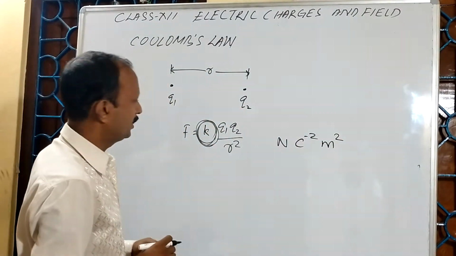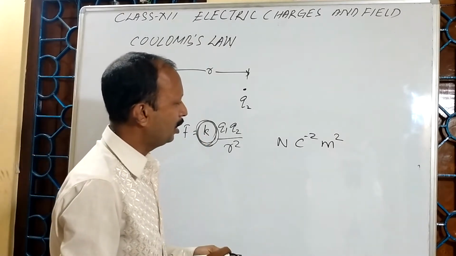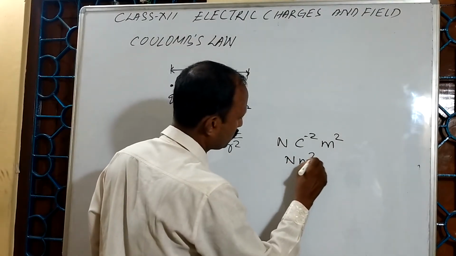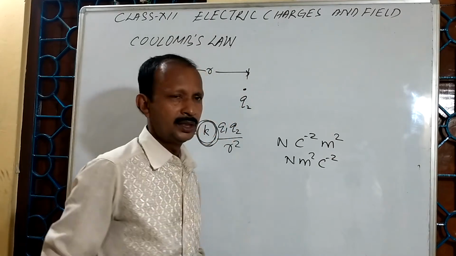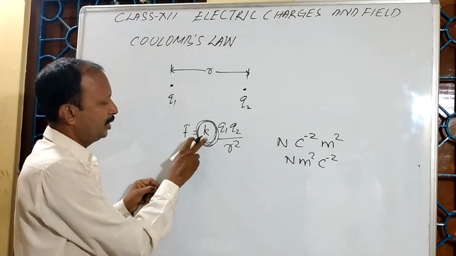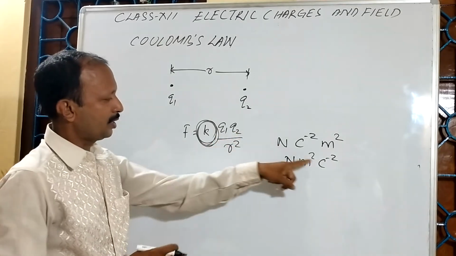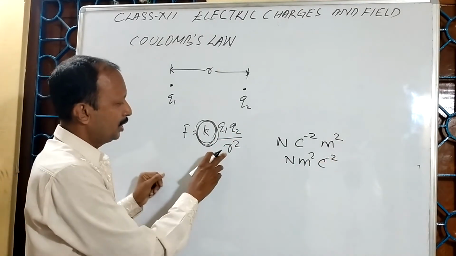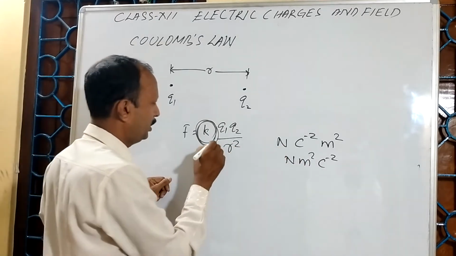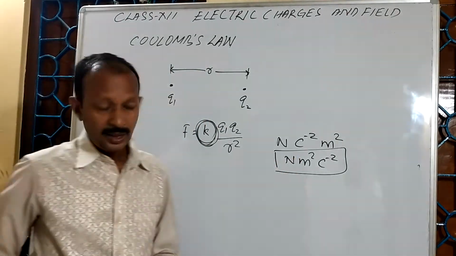So the unit of K is Newton meter square per Coulomb square.